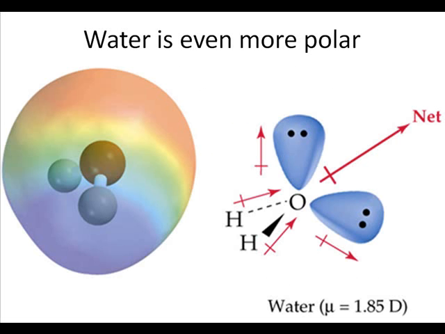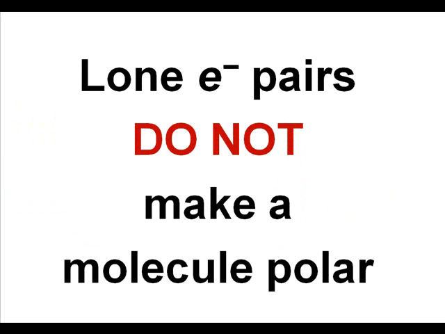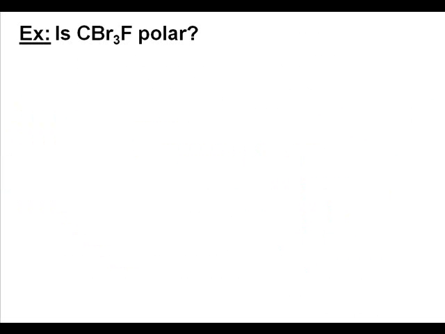So let's take a look back here. You'll notice water, there's bonds between the oxygen and the hydrogens, but the oxygen has 2 extra pairs of electrons that are not involved in the bonding. Because they're not involved in the bonding, they do not contribute to the polarity of the molecule.